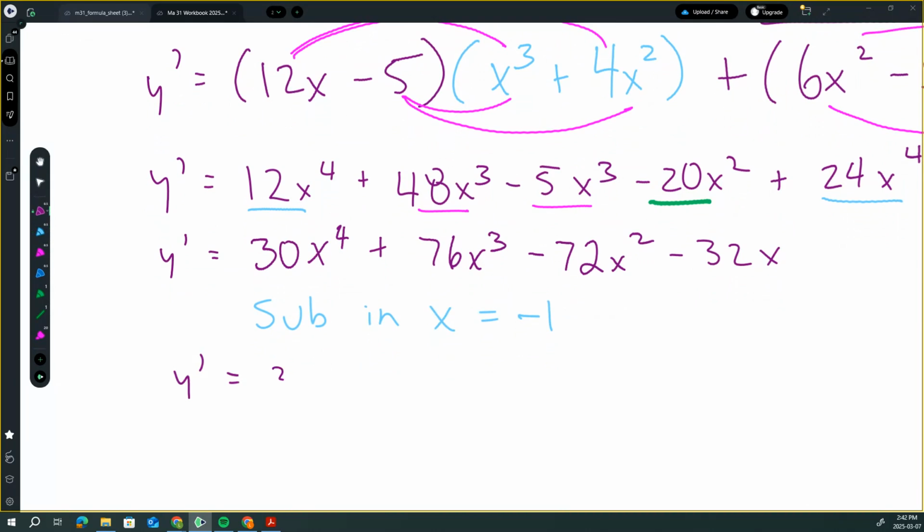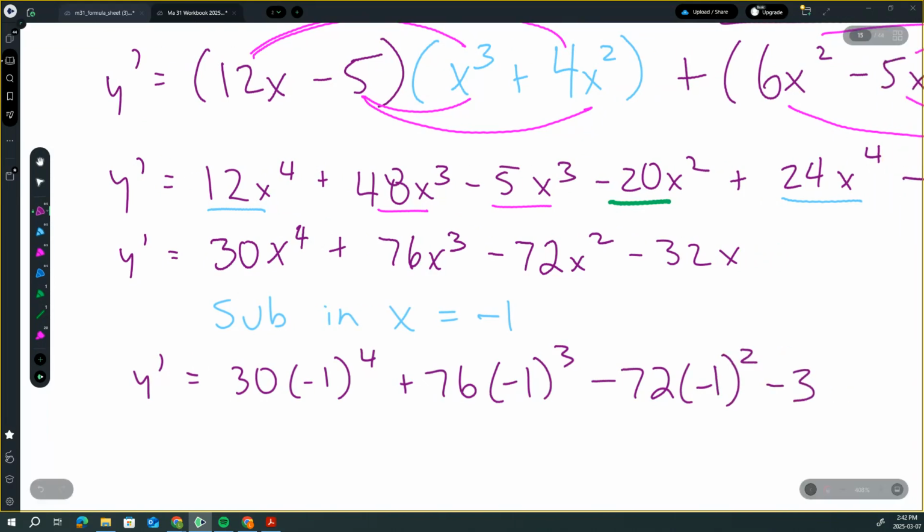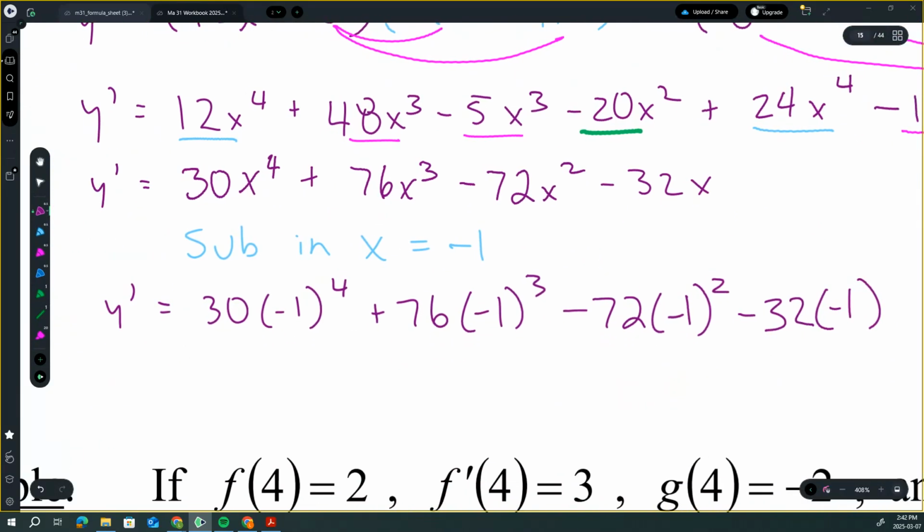So y prime is equal to 30 times negative 1 to the power of 4 plus 76 times negative 1 to the power of 3 minus 72 times negative 1 to the power of 2 minus 32 times negative 1. So negative 1 to the power of 4 is positive 1, times 30 is 30.